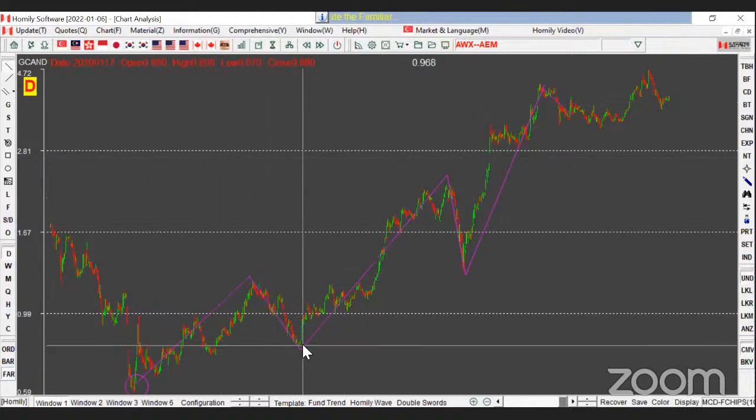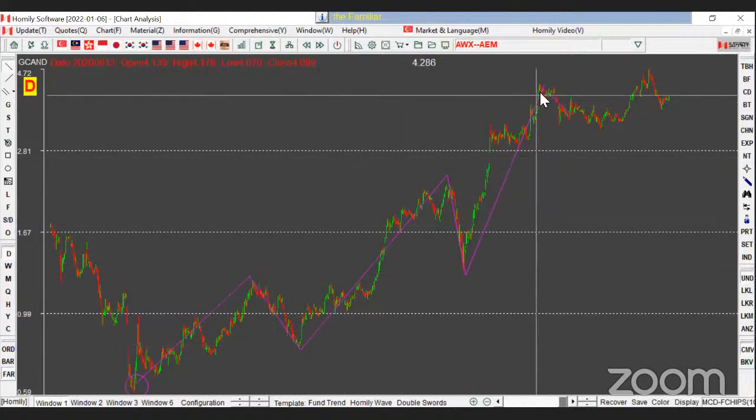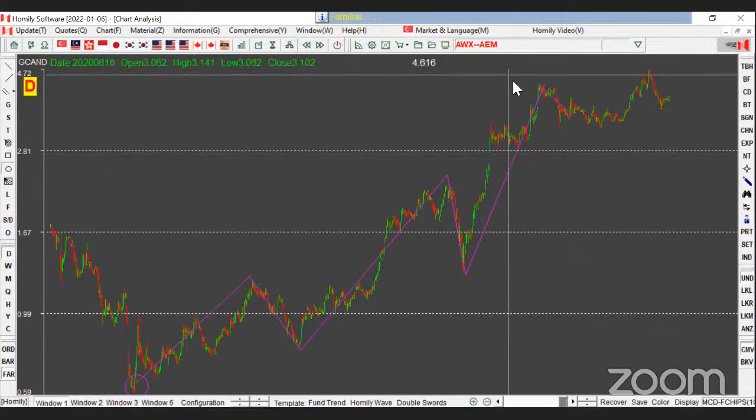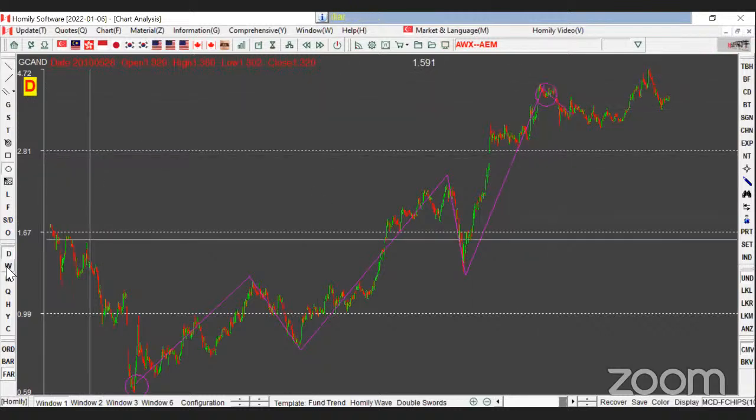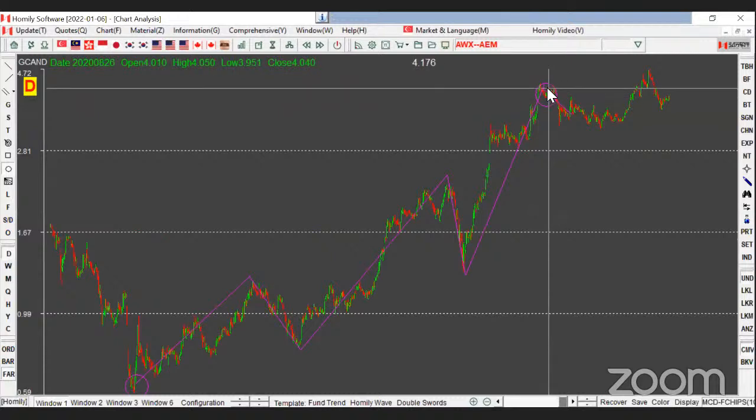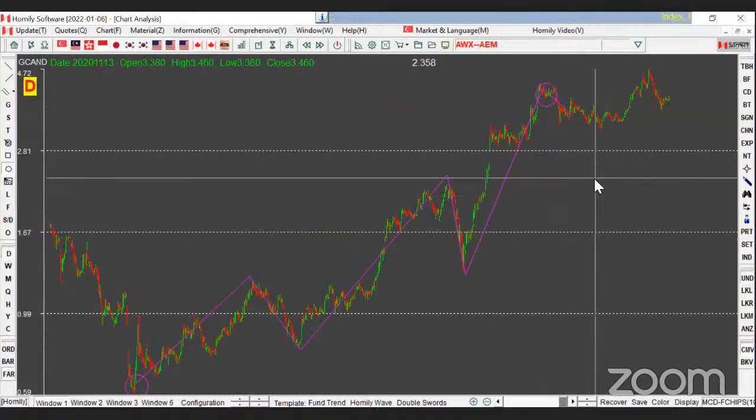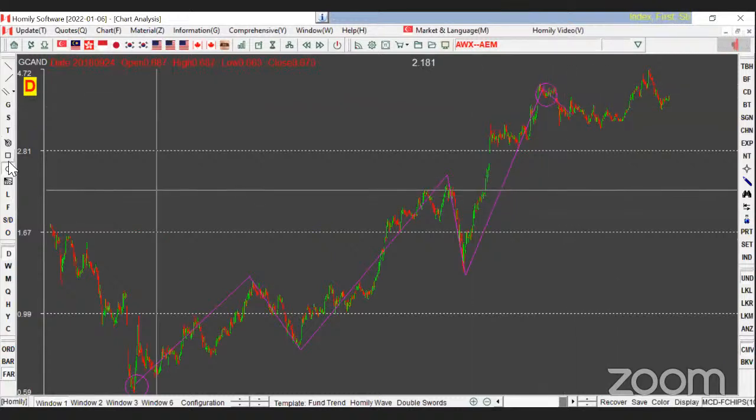It's already 1, 2, 3, 4, 5. It means this would be the beginning of quite a big correction, let's say a medium-term to long-term correction here. So he asked me, is it right?